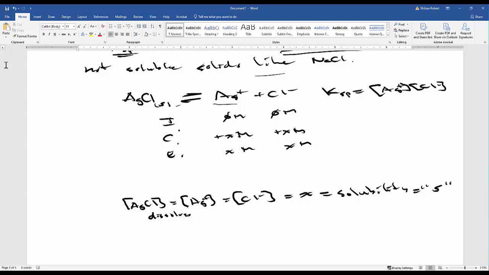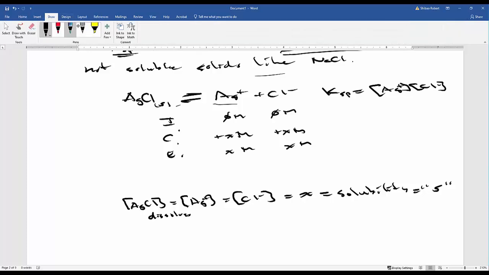So instead of calling this X like we would normally do, we're going to get rid of the X here and just call it S. So at equilibrium we're going to have S and S. And so the KSP is going to equal S times S, which is just going to be S squared. And so it turns out that the solubility for this is just equal to the square root of the KSP.